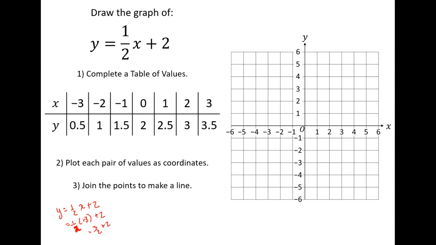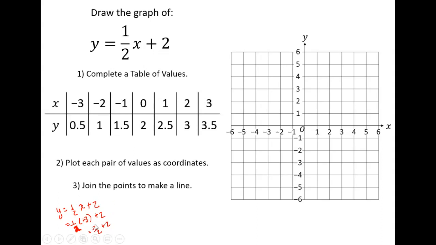Oh, sorry, -3, my bad. So -3/2 plus 2. If you're not able to do this in your head, which I'm not, you'd have to find your common denominator, but you could use your calculator. So you're going to go to your calculator and do -3/2, right? Plus 2.